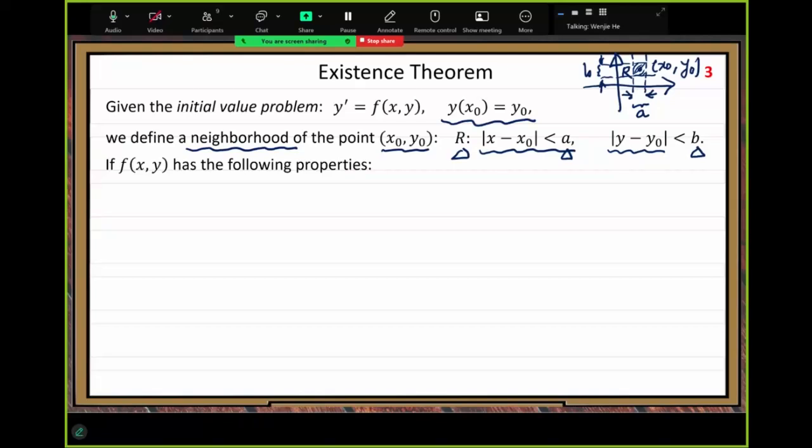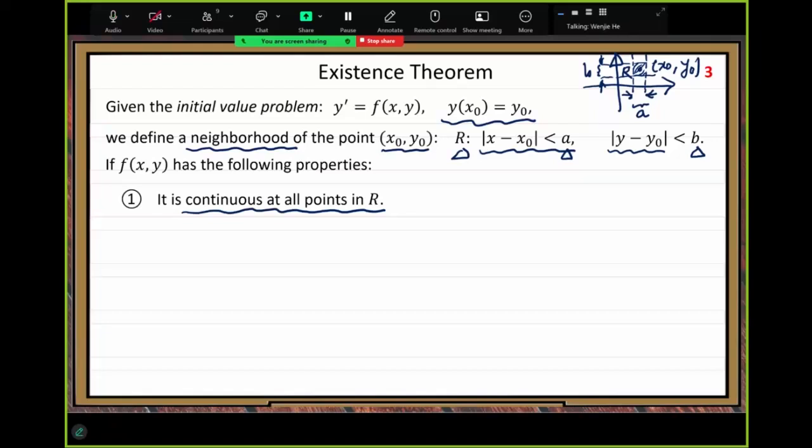In order to have a solution, this f function must satisfy the following conditions or properties. It is continuous at all points in R. This function must be continuous everywhere in that neighborhood R.